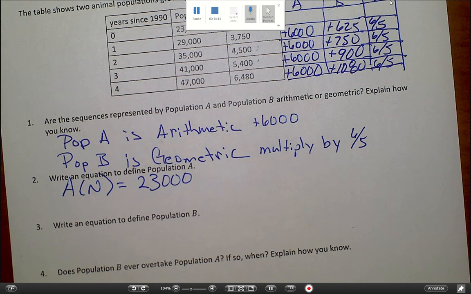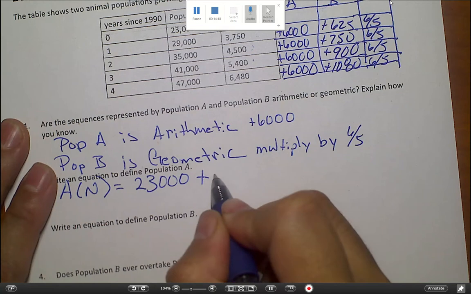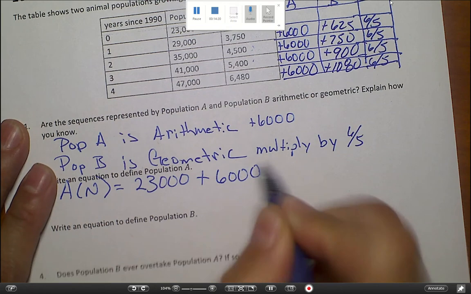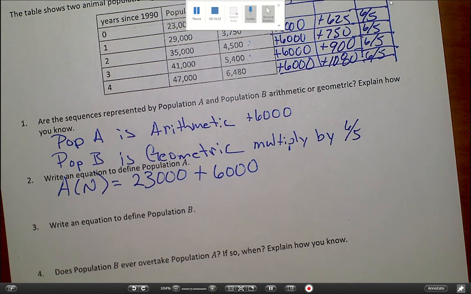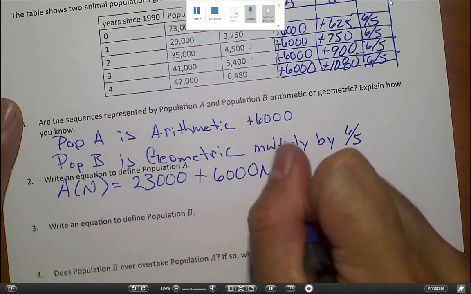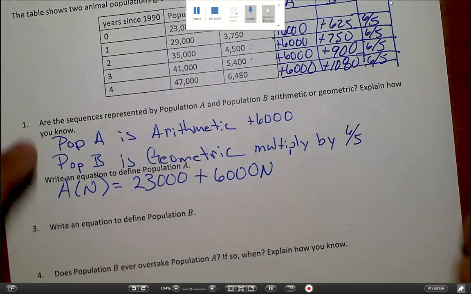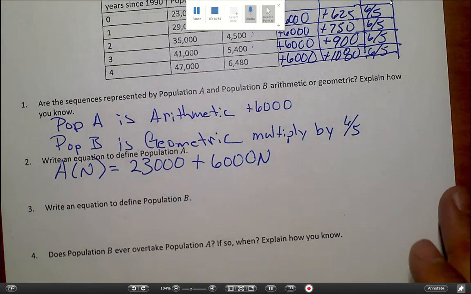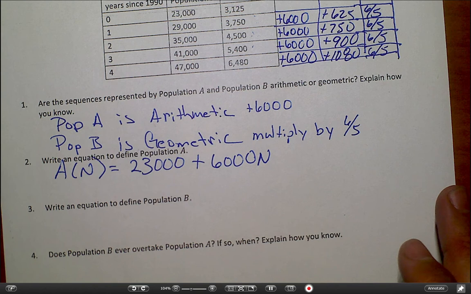Am I adding or subtracting here? Adding, so let's add. How much are we adding? And how am I going to show that this is going to be the repeated addition? Times n. Very good. So times n. That's where it is right there.